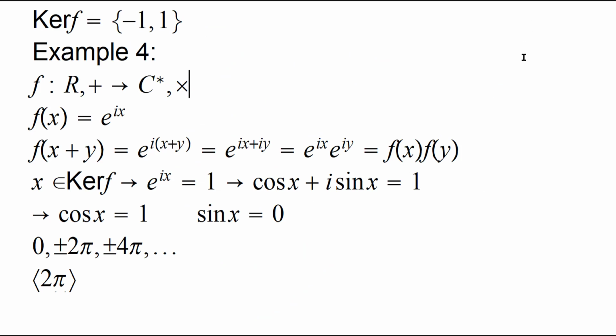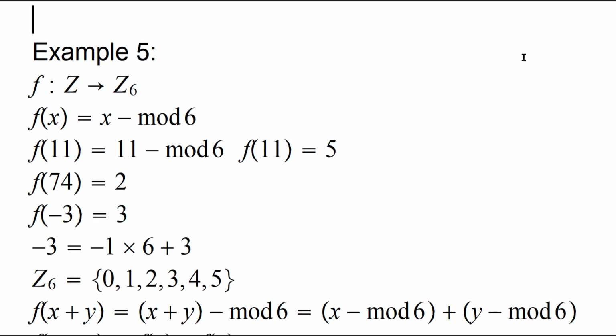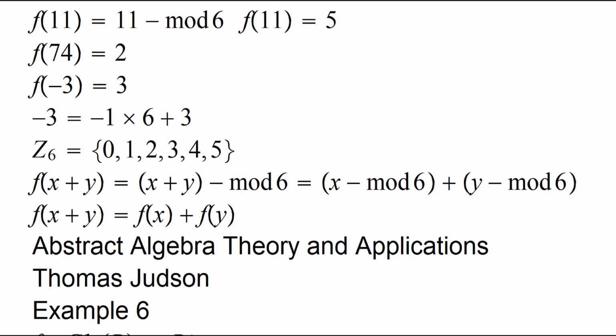Okay. So say here, example 5, here we had taken f(x) to be x modulo 6, right? So what we need is the identity in Z6, how much? This is our homomorphism. We saw that that was a homomorphism, right?